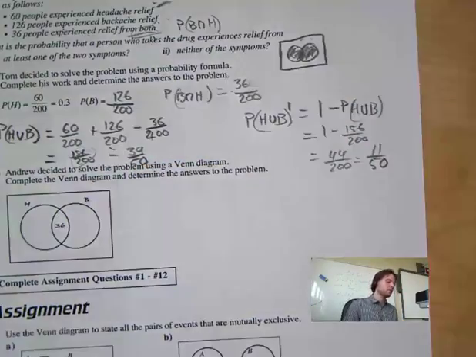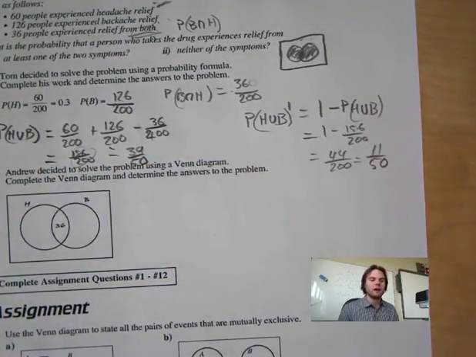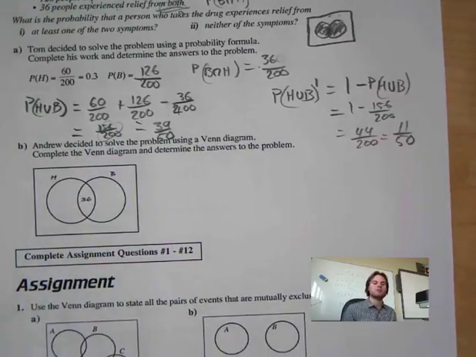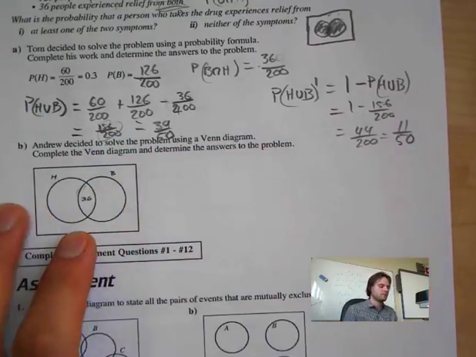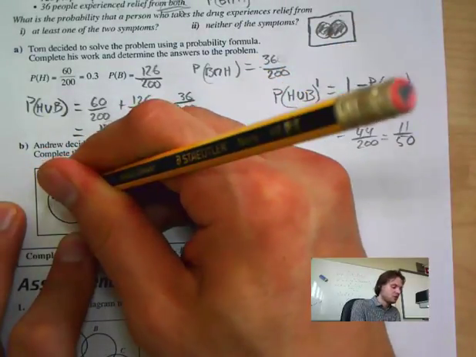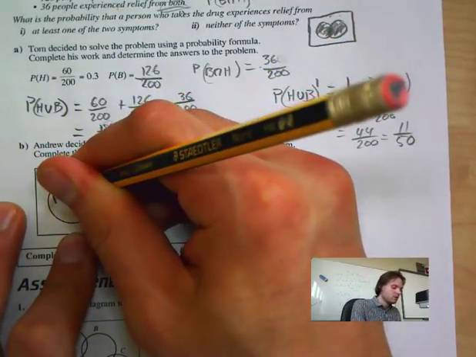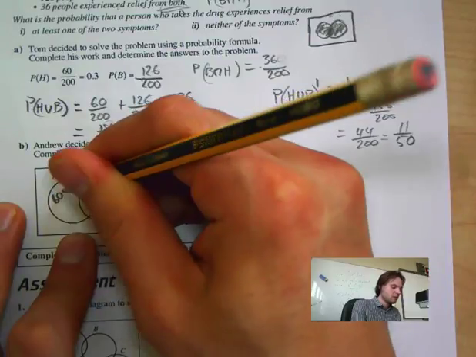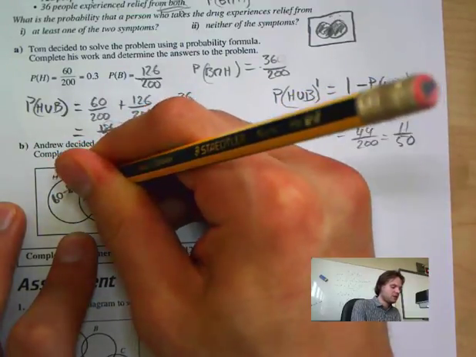Now, Andrew decided to solve the problem using a Venn diagram. Complete the Venn diagram to solve the problem. So in the Venn diagram, he first had 36 here. Then how many people have a headache only is 60 minus 36.